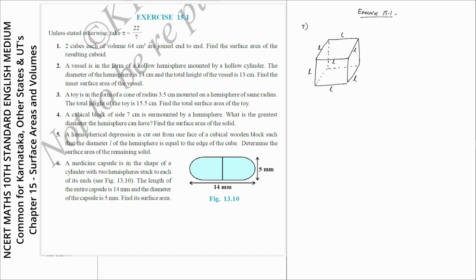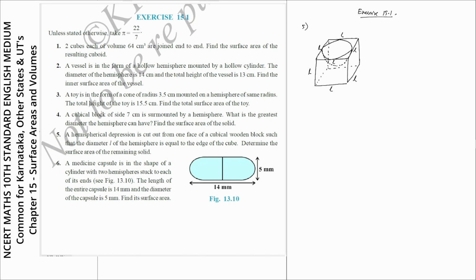Let us suppose from the top only the hemispherical depression is made. Okay, this is the hemispherical depression.